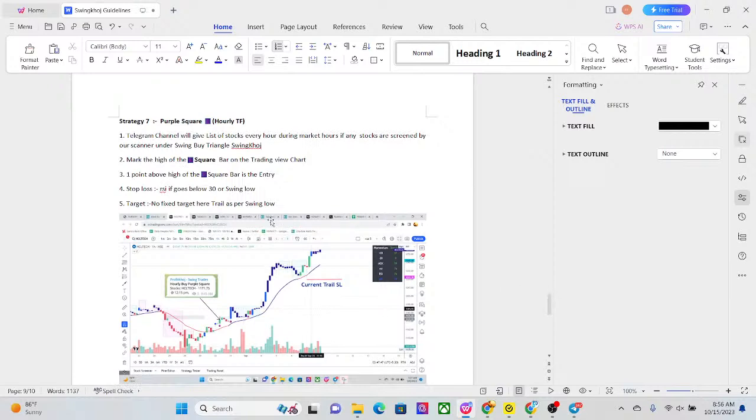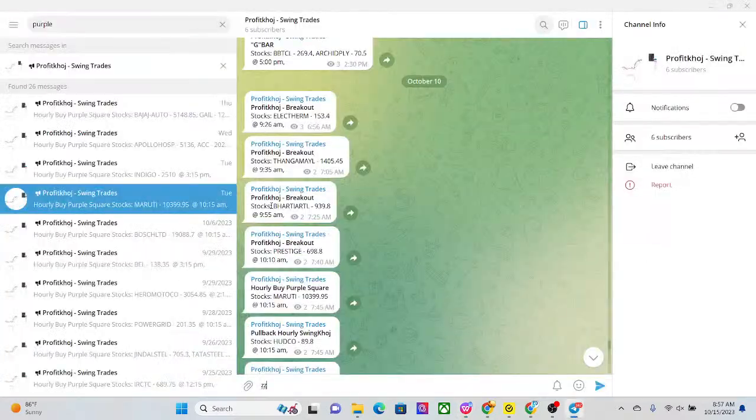So here you can use RSI if it goes below 30, or swing low, right? No fixed target here. You trail as per stop loss. If you are doing 1:1, it's okay, but you can trail until the RSI goes below 30.